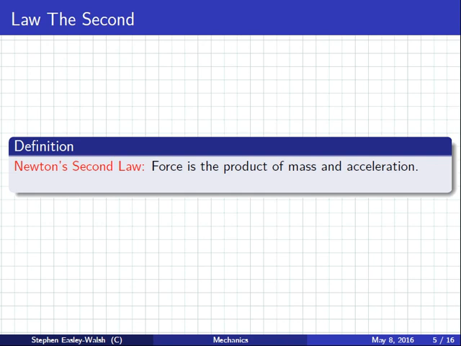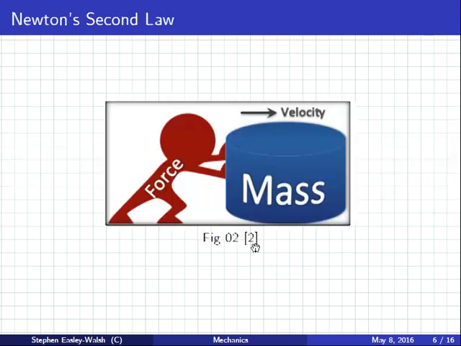Got that? Okay. It's the only picture I could find. So force is mass multiplied by acceleration, which is a change in velocity.